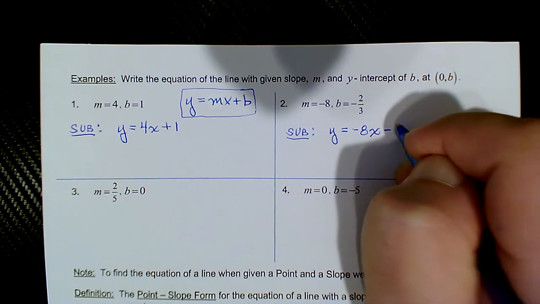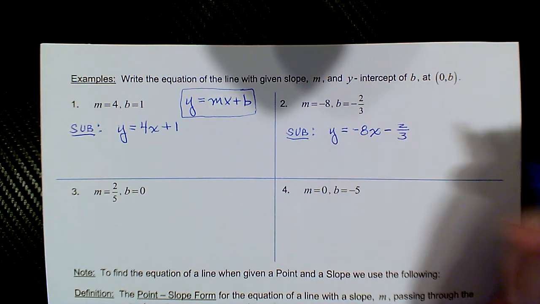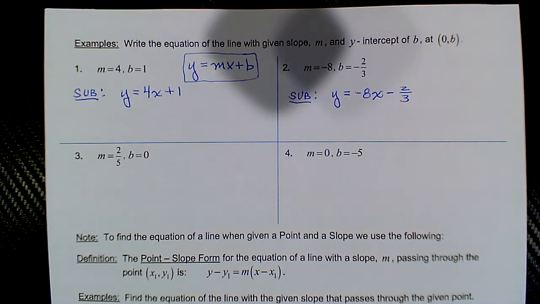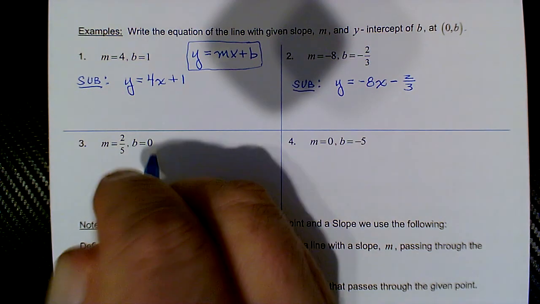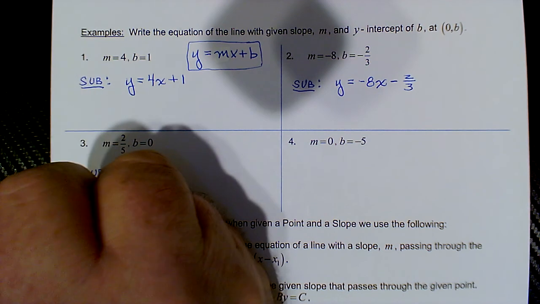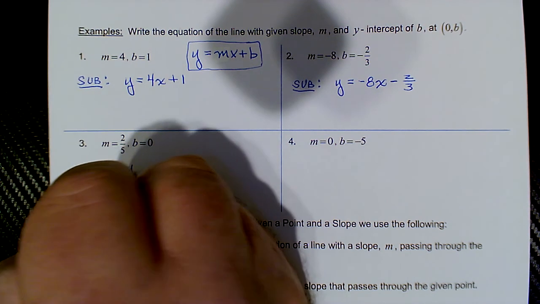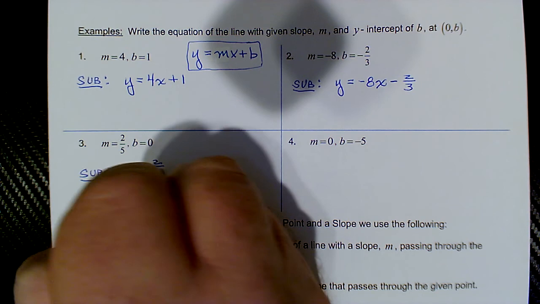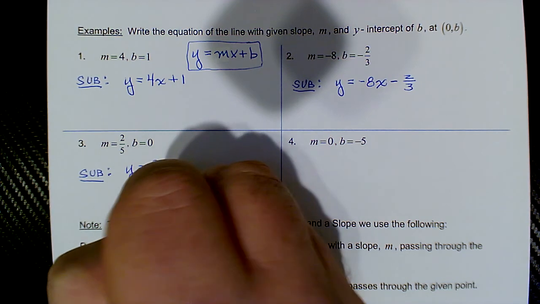Here again, substituting. Y would equal mx, so 2/5. The x stays. Plus b is 0. Kind of silly to write the 0. Just report it as 2/5 x, y equaling 2/5 x.